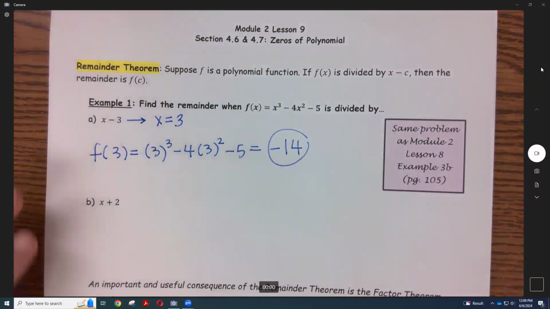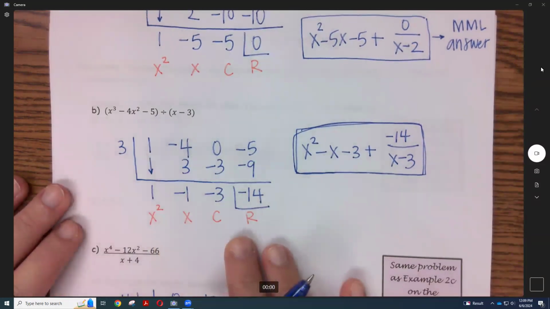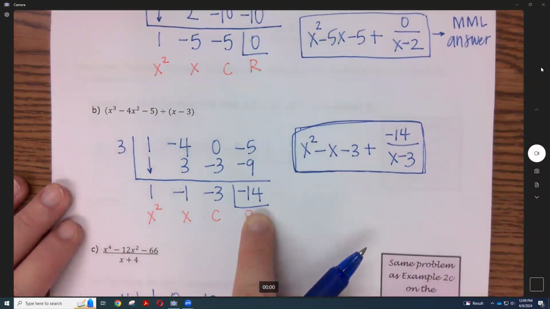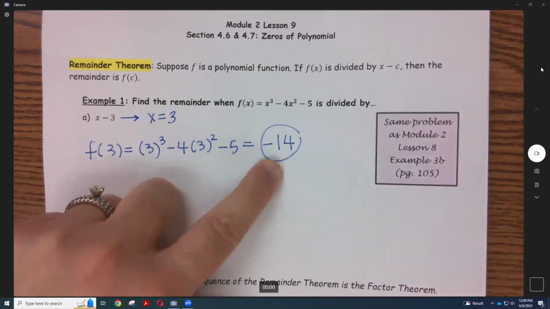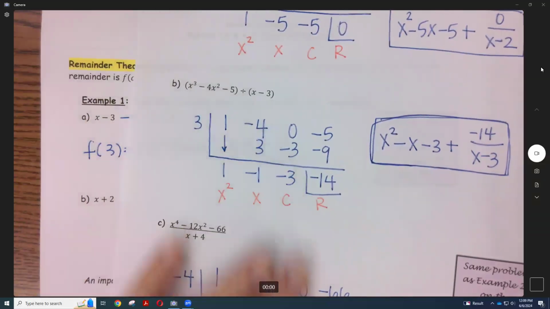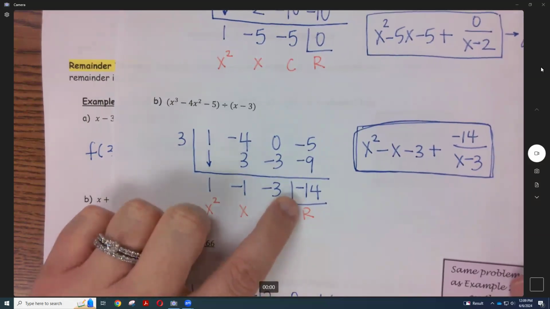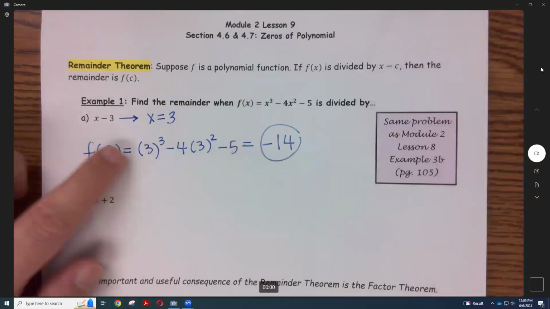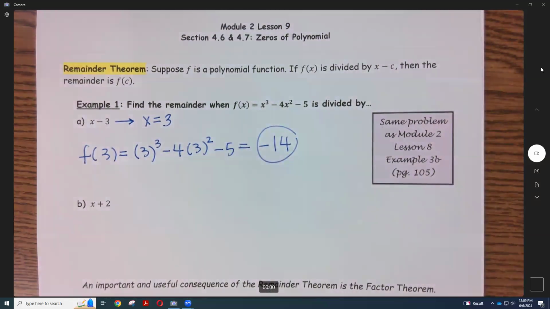So here is that problem here. When I used synthetic division, I ended up getting a remainder of negative 14 by just plugging in that value. So if it just wants you to find the remainder, you could go through synthetic division or long division to get your remainder. But if that's all that they need, the easiest thing is just to plug in that value and it will give you the remainder.